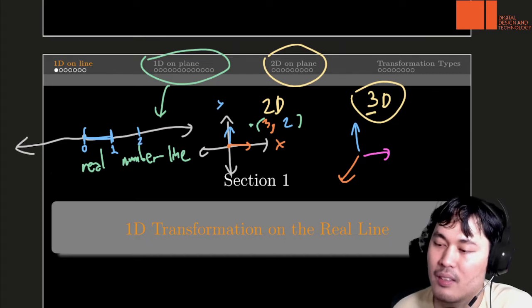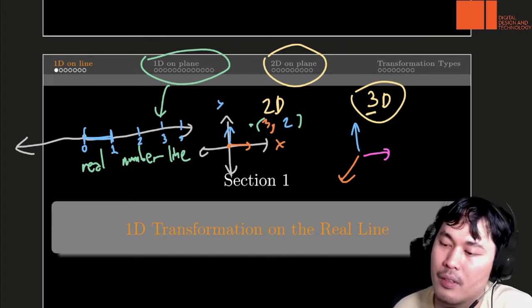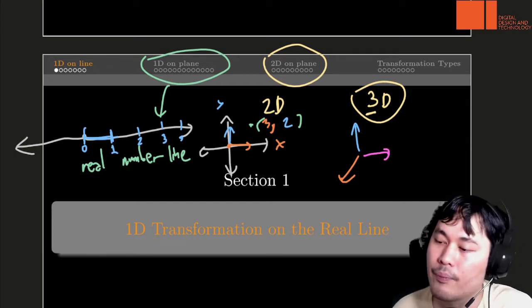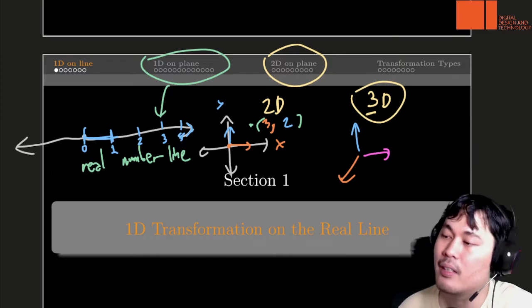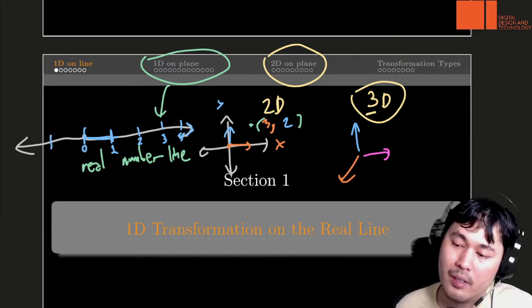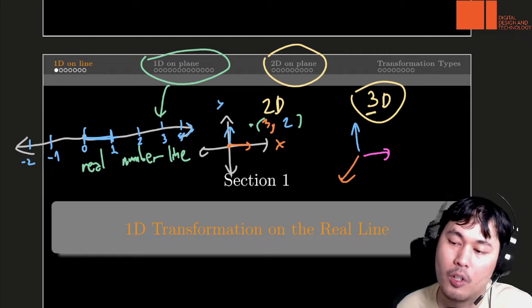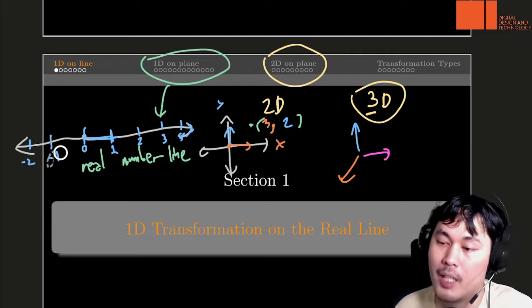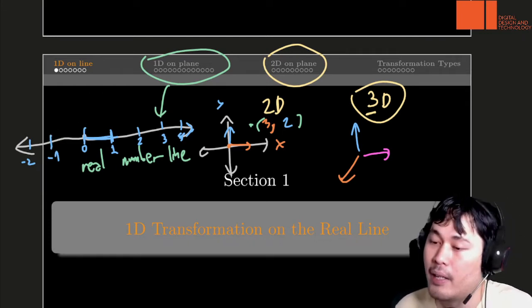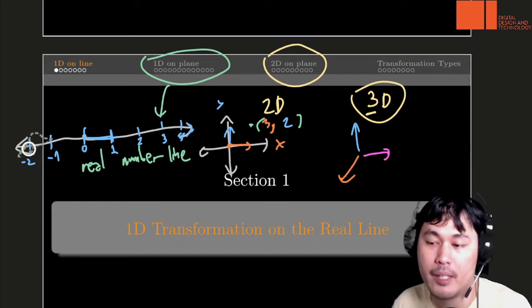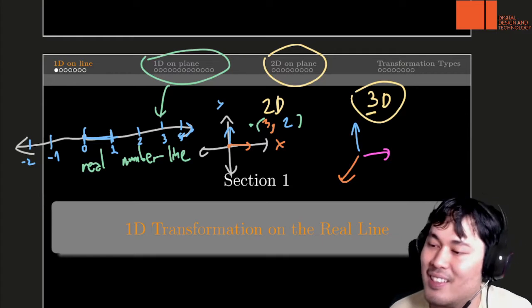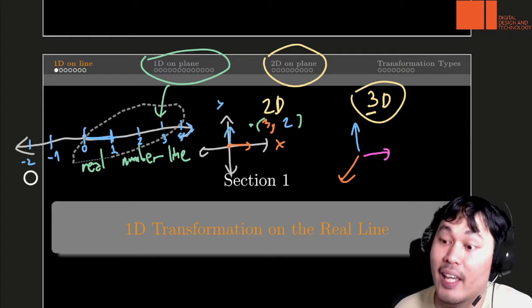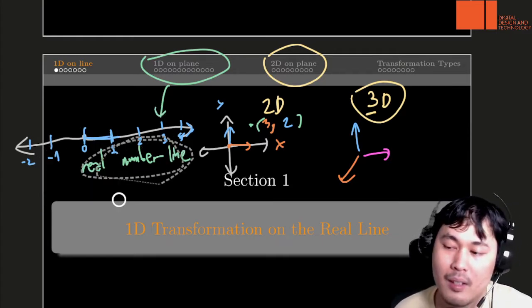Then we continue to the right, putting 2, 3, 4, 5, so that the gaps are the same. It can go on forever to the right, and that's what the arrow here means. We can also go back to the left using negative numbers. If you go back one step to the left, you get to the number -1. If you go back another step, you get to -2, and so on and so forth. So one dimension, like a point on a line, can also be thought of as a number on the real number line.